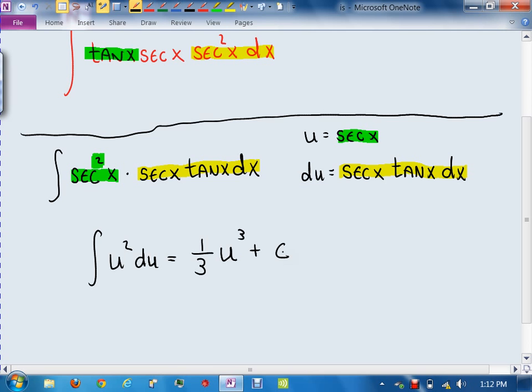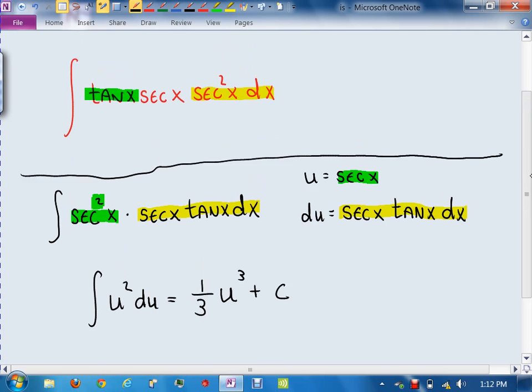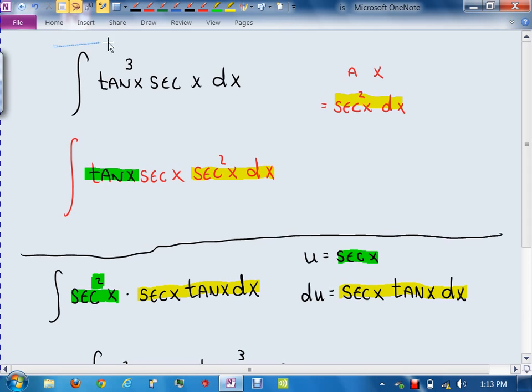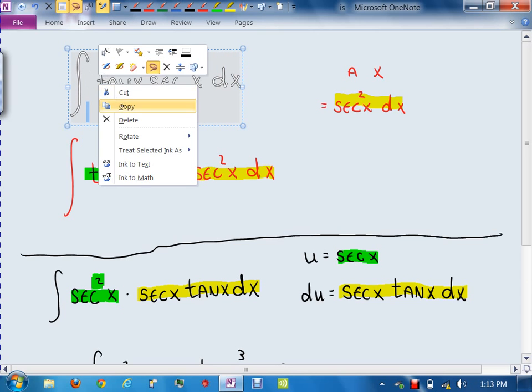If the cube was on the what? Okay, yeah, so if we switch it and put the cube on the tangent and take the cube away on the secant, like that one, right? Okay, so what would happen here?